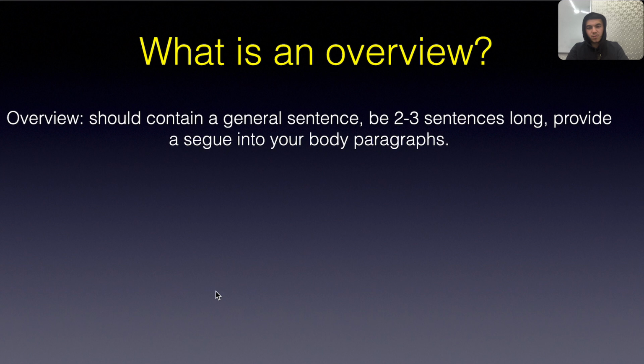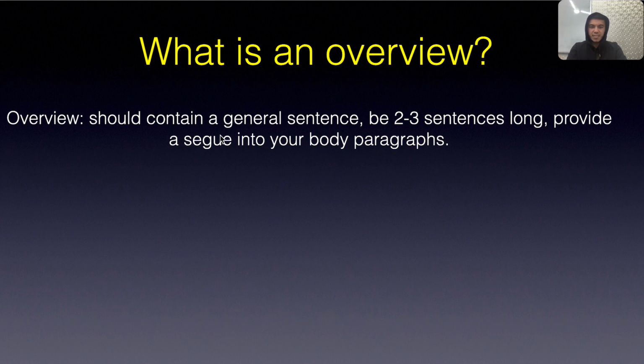So what is an overview? An overview is basically general information. It's sort of a conclusion. So you can generally summarize the data in your overview. You can talk about general trends in your overview, and it should be 2 or 3 sentences long. But the first sentence should be very general.